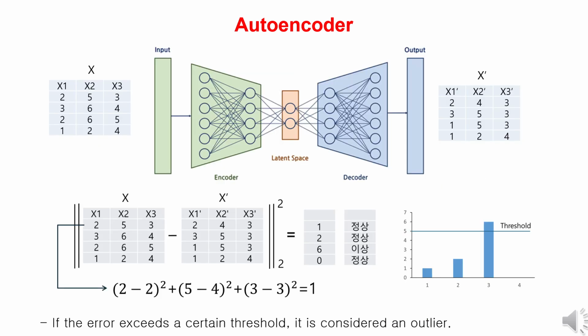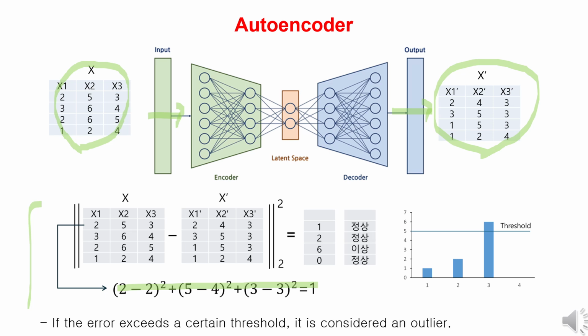An autoencoder can also be used for anomaly detection. For example, imagine 3 input values, X, fed into the autoencoder, producing 3 corresponding outputs, X prime, as shown in the diagram below. By calculating the sum of the squared differences between each input and its output, we can measure the reconstruction error.